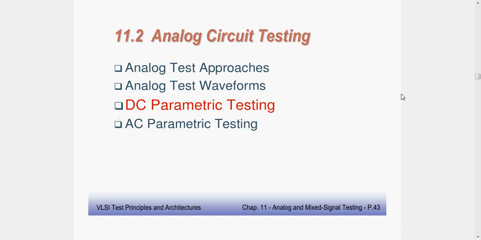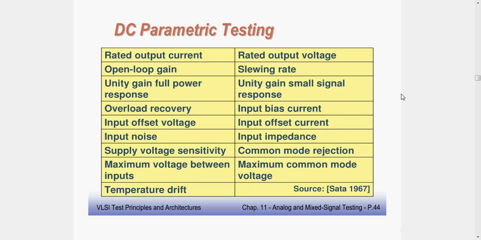So the next topic is DC parameter testing and AC parametric testing. What are the DC parameters and what are the AC parameters?